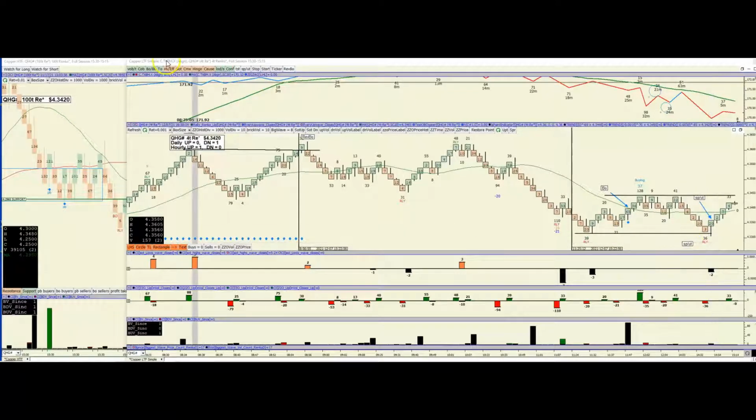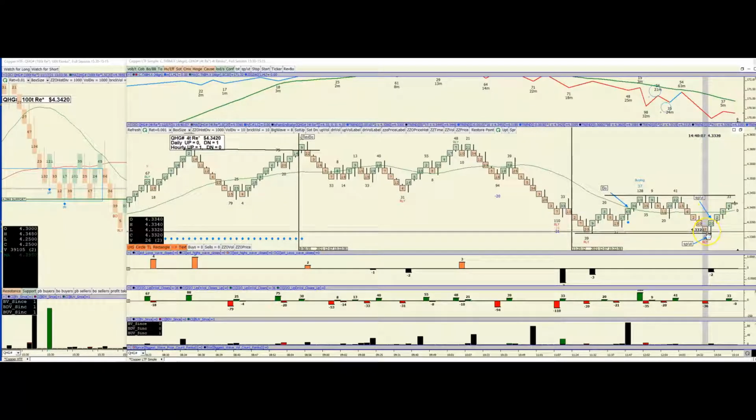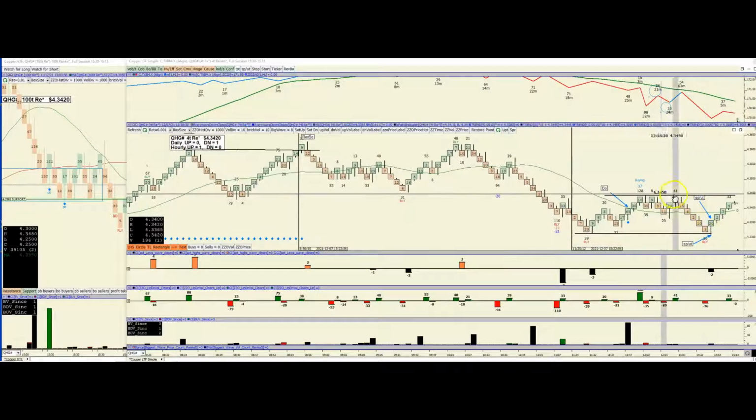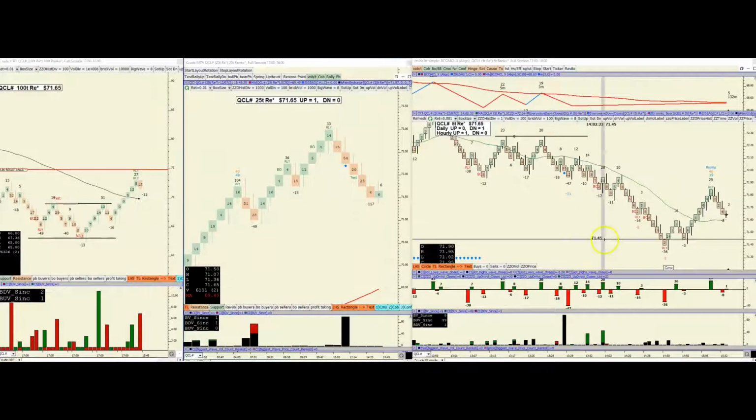Successful spring. That was successful in running stops right there. It has to get above this high. Anyway, this is looking really appealing to me.